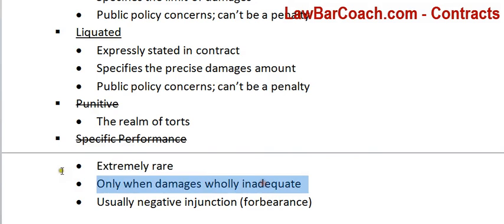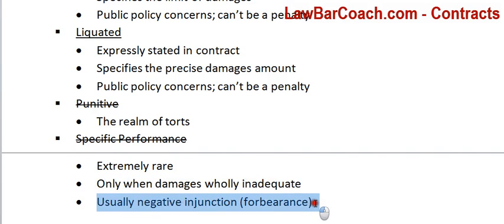And an example here would be if you had my pet dog and you said, oh, I'll just pay you the market rate of a dog. And the court might say, well, damages aren't going to do anything. The market rate for a 7-year-old mutt might be $200. I doubt $200 in damages is going to make you whole for not having your dog.